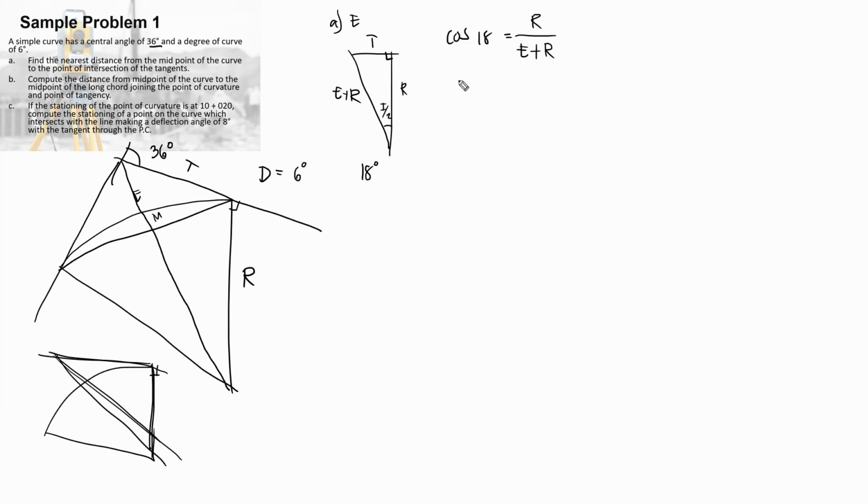So, magiging E plus R is equal to R over cosine 18. And then, transpose natin, magiging E equals R over cosine 18 minus R. So, yun yung formula natin for E. Ang question ngayon, wala tayong R. So, based sa problem, tingnan natin, tandaan natin ano ba yung mga formula na ginagamitan ng R.